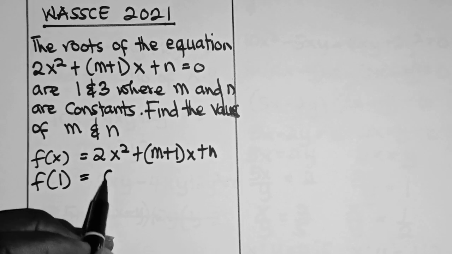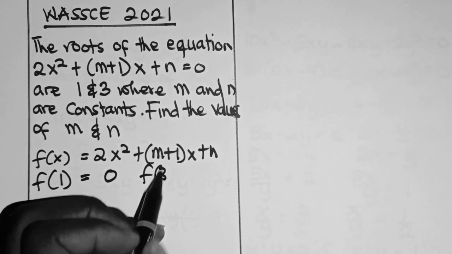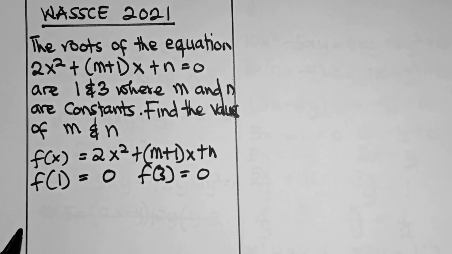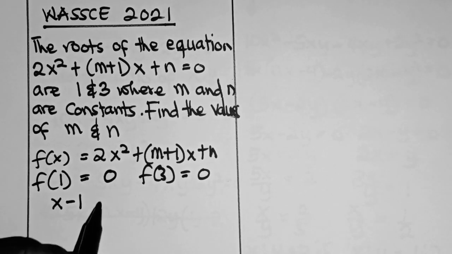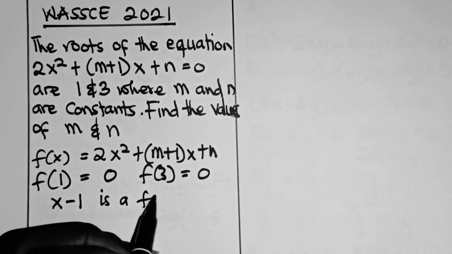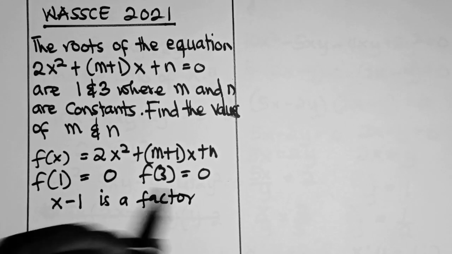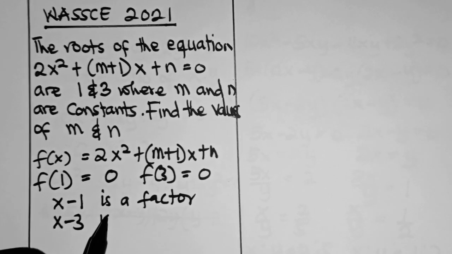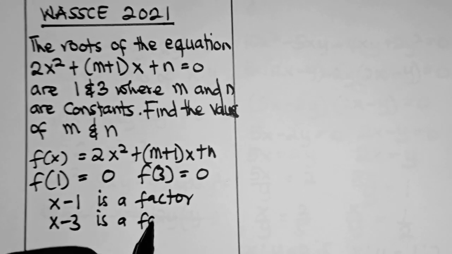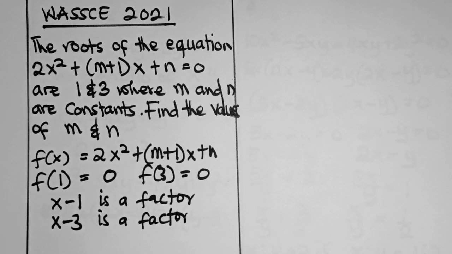So f of 1 is equal to 0 and f of 3 is also equal to 0. So what it means is that x minus 1 is a factor of this quadratic equation, and x minus 3 is also a factor of that quadratic equation.